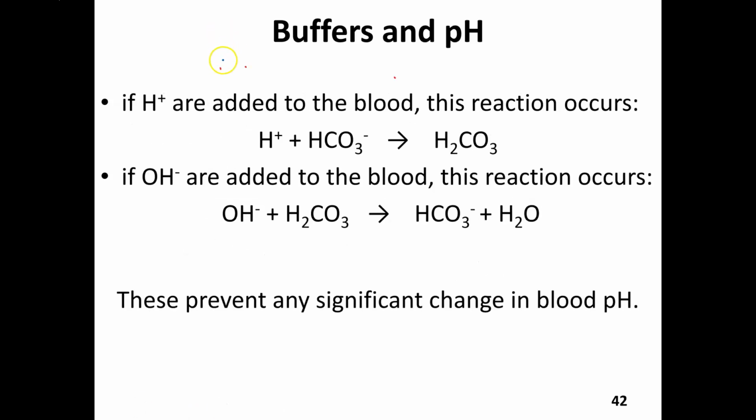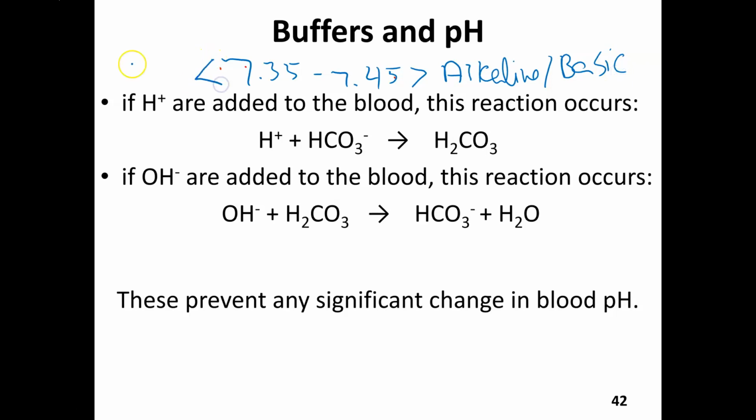Okay, so remember that blood has a pH between 7.35 and 7.45. Anything above 7.45 is considered alkaline or basic, and anything below 7.35 is acidic.